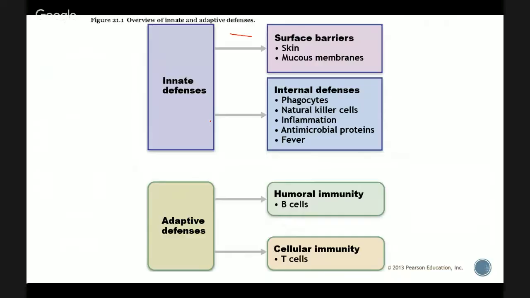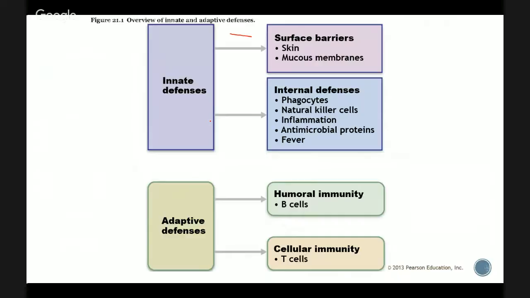Then the pathogens, pollutants and various structures stick to the mucus to keep them from entering the body. So that's another way that our body protects itself. We have antimicrobial peptides, which are protein derivatives, and other regional secretions. So we have essentially these surface barriers and the secretions of the surface barriers.